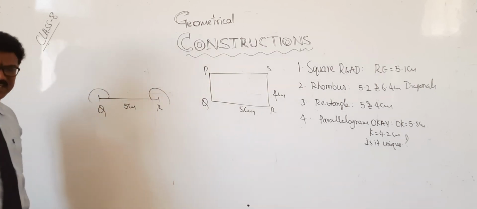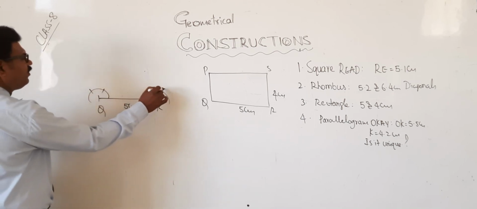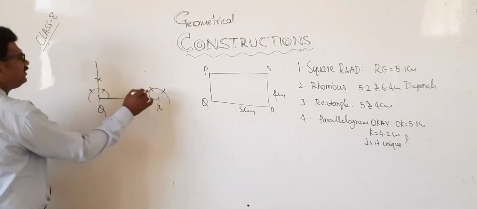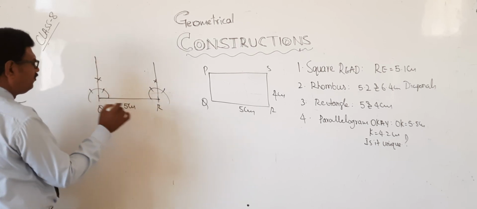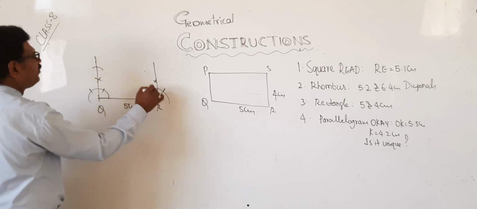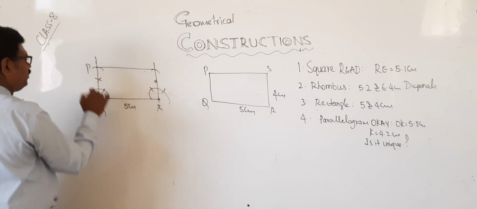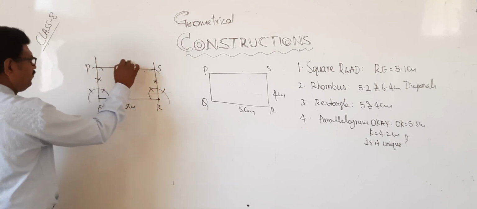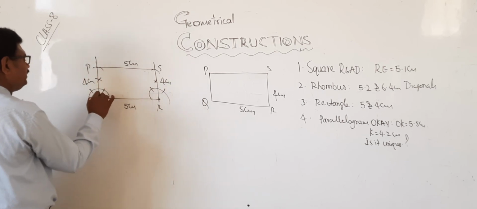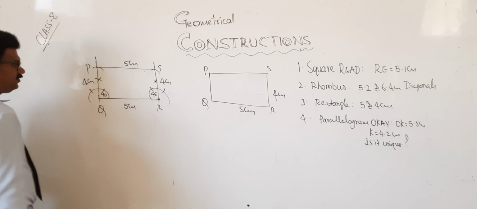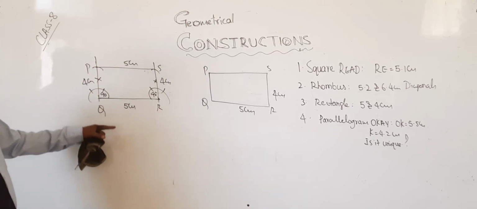Therefore, in a square and in a rectangle, all the angles are equal to 90. So make three parts, next like this and next like this. It is a rectangle: from here to here 4 centimeters, from here to here 4 centimeters. So PQRS: 5 centimeters, 4 centimeters, 4 centimeters, and all angles 90. This is the rectangle. Any doubt, please?